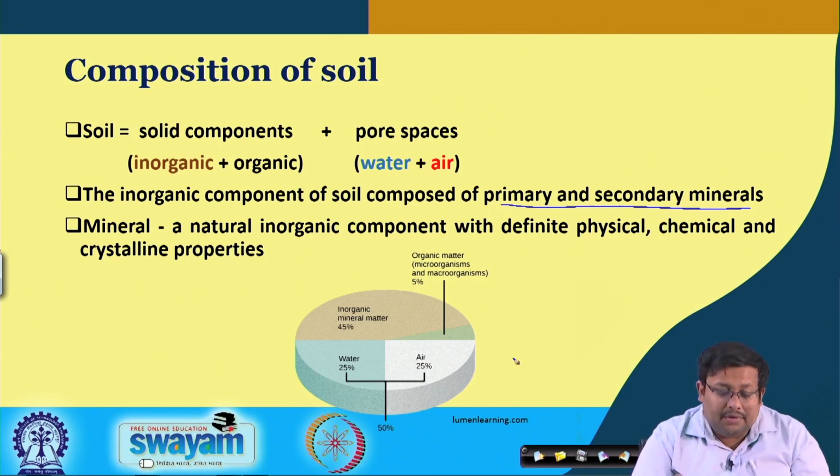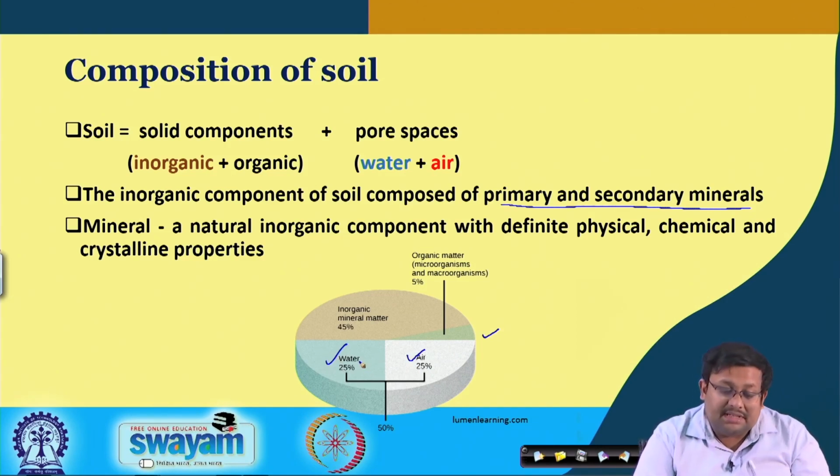If you see the volume-wise soil composition, you will see that 50% of the soil volume is occupied by the solid component, whereas the rest 50% pore space is occupied by water and air interchangeably, and in an ideal condition there will be 25% soil air and 25% soil water.